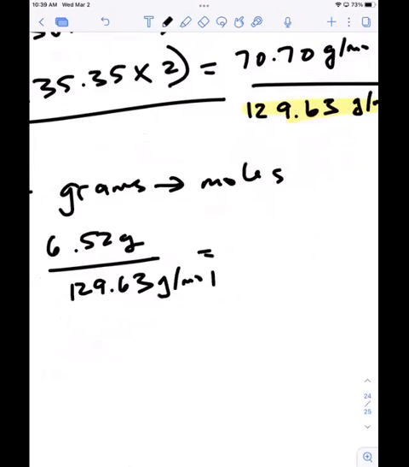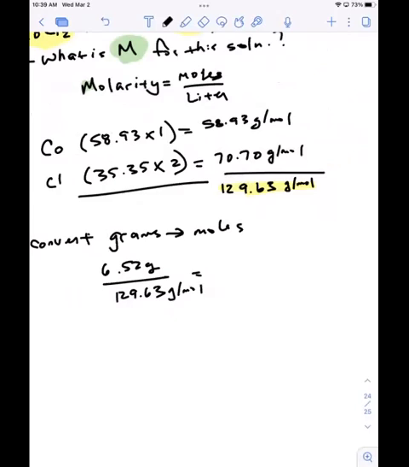Are we on the right track? So what are my moles?